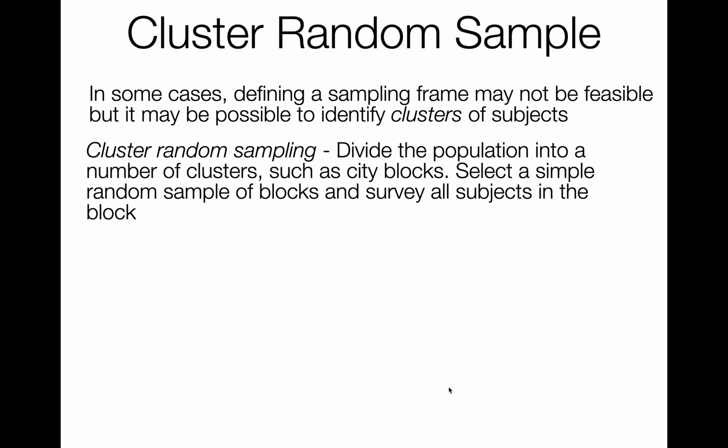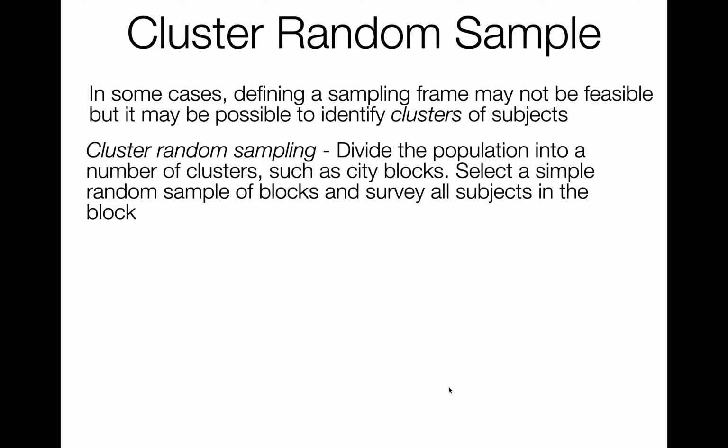So how do we get that data? Well, we define those clusters, and then we select a simple random sample of the clusters and survey all subjects inside that cluster or block. So for instance, if I was interested in something about New York City, I divide the city up into blocks, and then I select a simple random sample of the blocks.